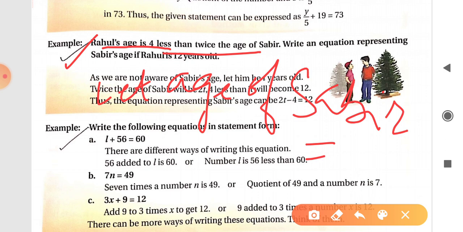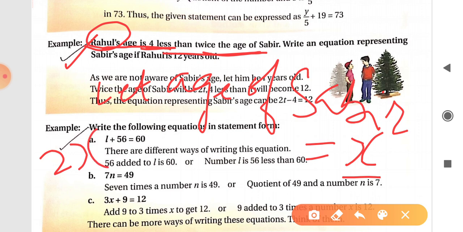You can also let x years. Then first of all we will write twice the age of Sabir, which is 2x. Then there is 4 less than twice the age of Sabir. That means 2x minus 4.